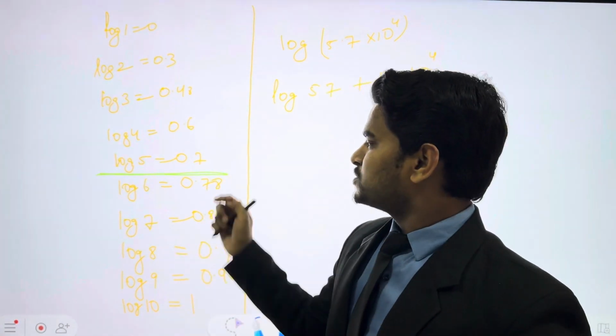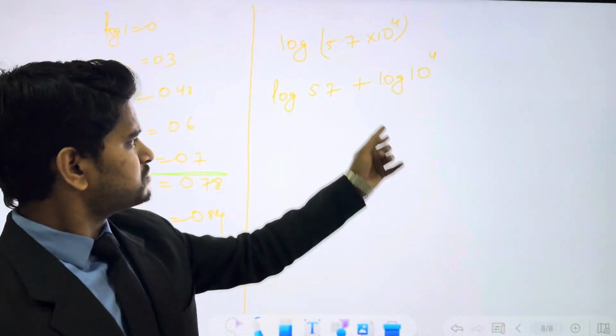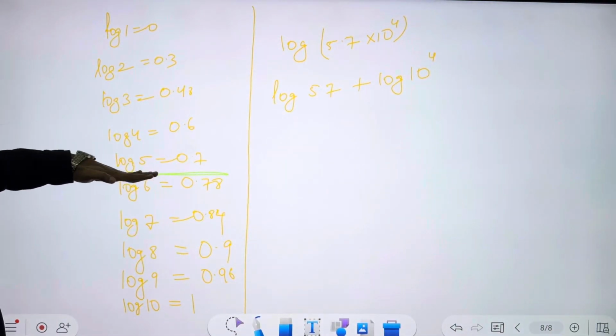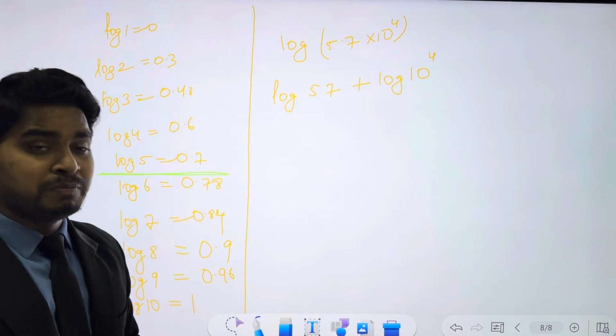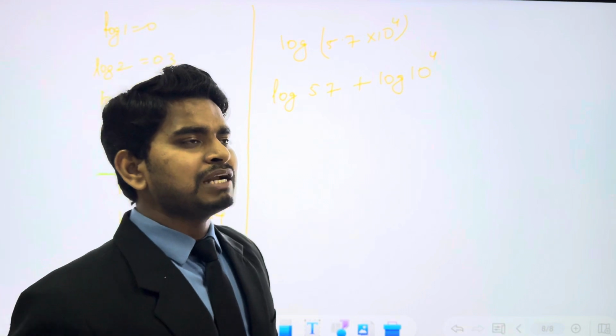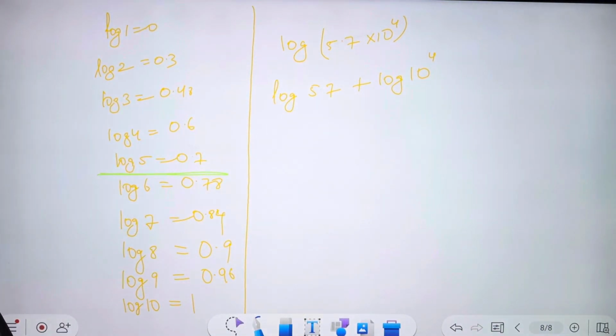It will not be 0.74, it will be 0.75. If it was 5.5, it could be in the middle. But here the value is bigger than 5.5, so we take a value nearby the value of log 6.